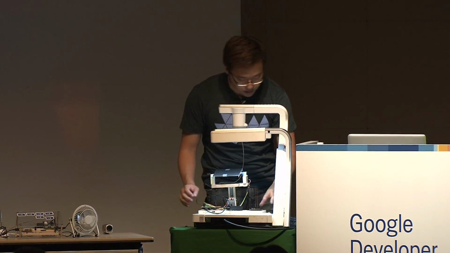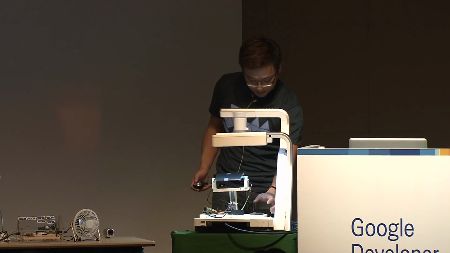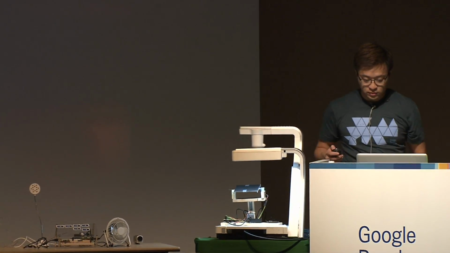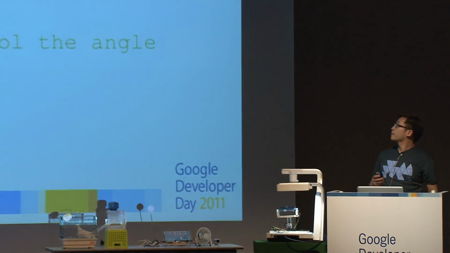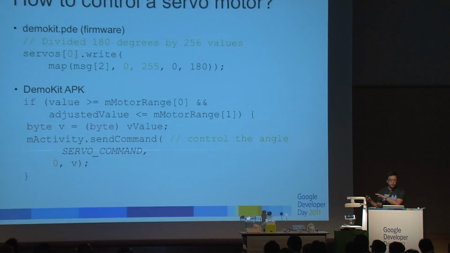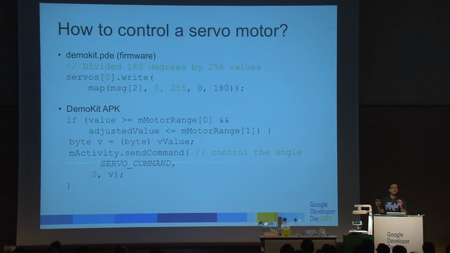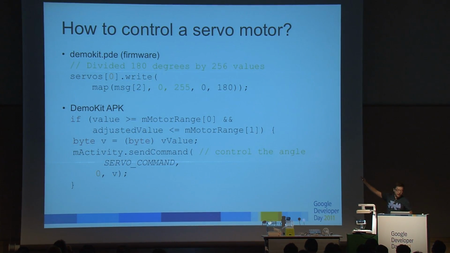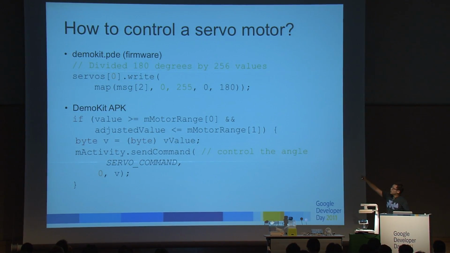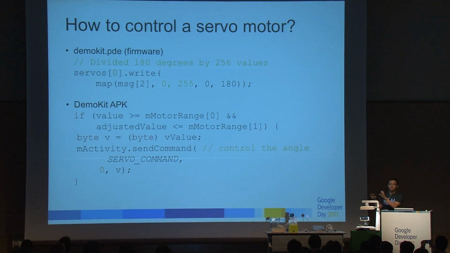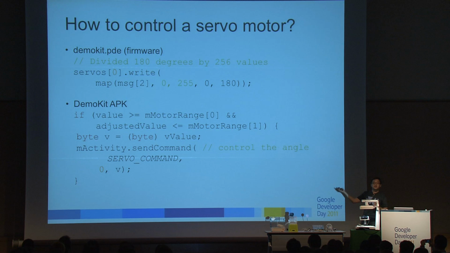So can we switch back to the slide? Yep. So basically, how do I control the servo motor? It turns out it's not too difficult. On the firmware side, I have a line of code doing the mapping of 256 values to 180 degrees.